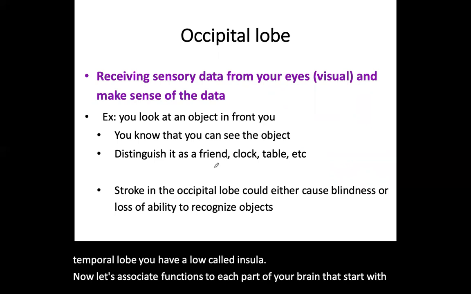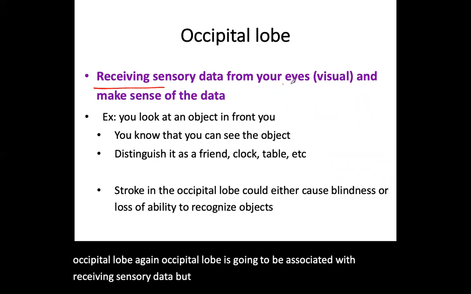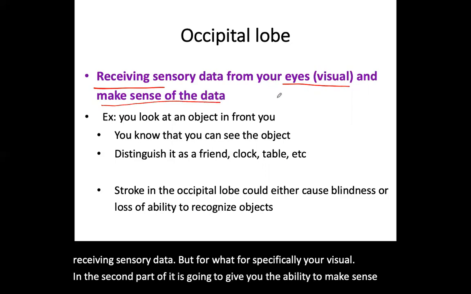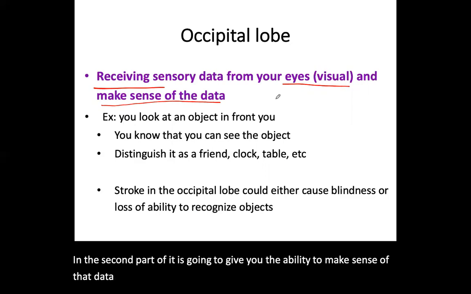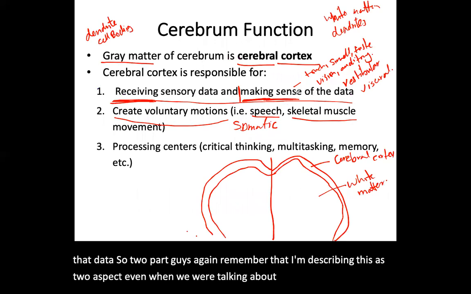Again, occipital lobe is going to be associated with receiving sensory data, but for what? Specifically your visual data. And the second part of it is going to give you the ability to make sense of that data. So 2 parts, guys. Again, remember that I'm describing this as 2 aspects, even when we were talking about here, receiving and then what?